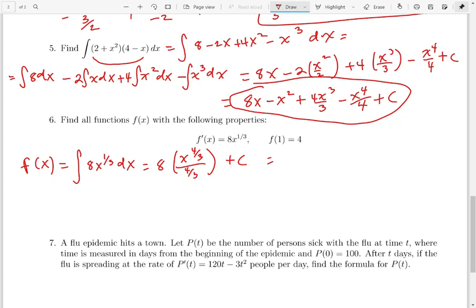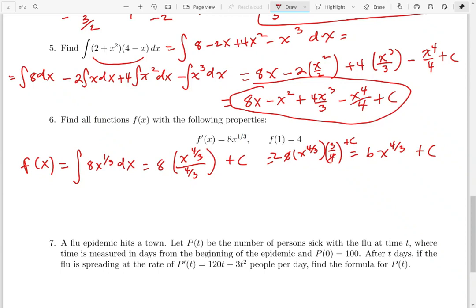Fraction multiplication from the fraction division, that's going to be 8 times x to the 4/3 times 3/4. 8 divided by 4 is 2, and so this is really going to give me 6, 2 times 3, 6x to the 4/3 plus some constant c. I should have left that c there. So plus that constant c.